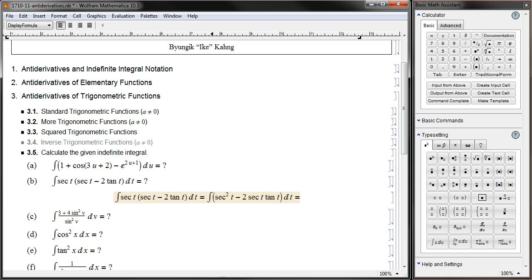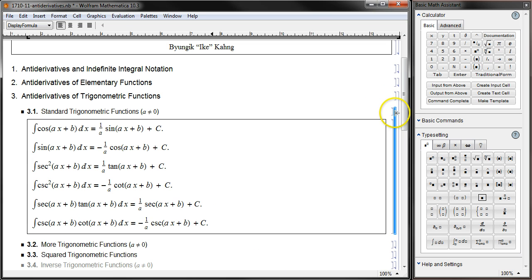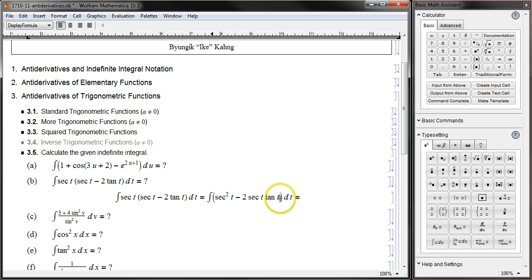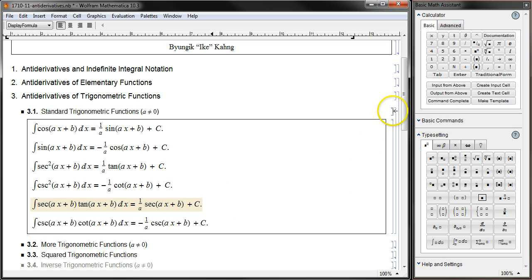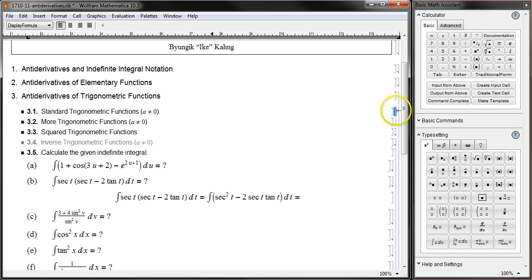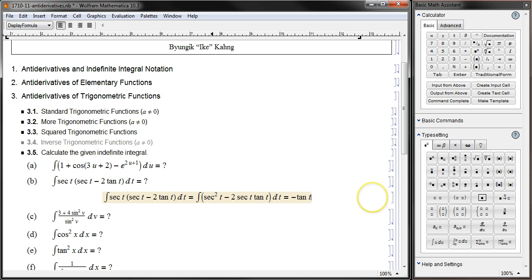Alright, what's the antiderivative of secant squared? It's tangent. What's the antiderivative of secant times tangent? It is secant. So what do you get?